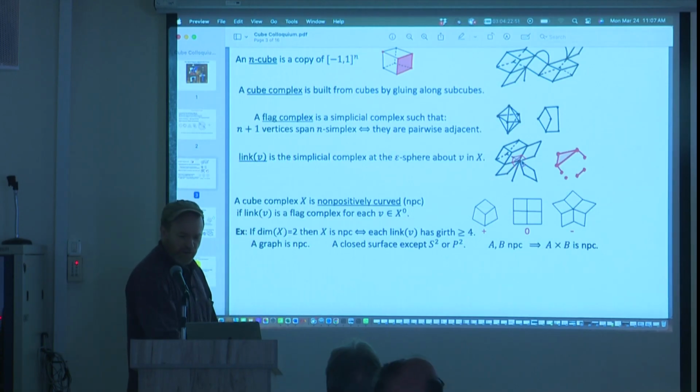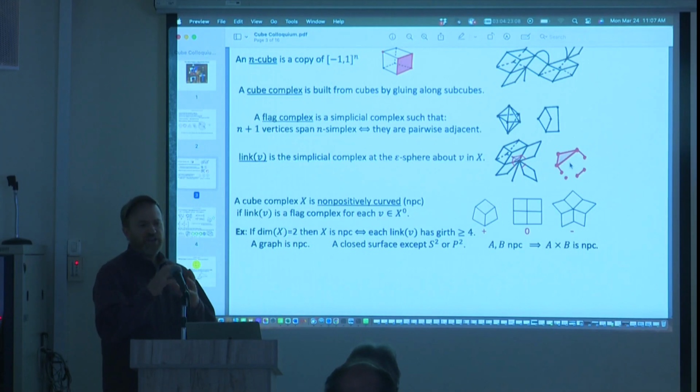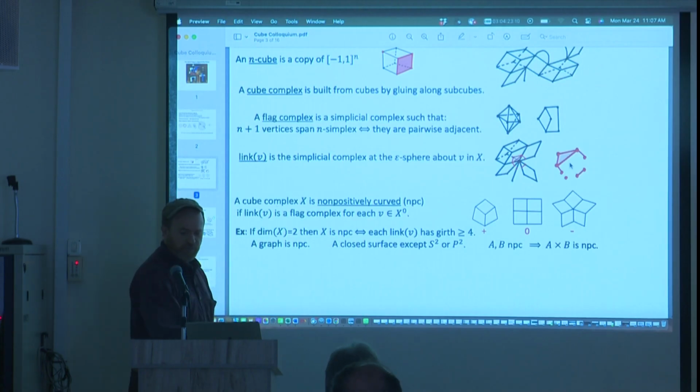So if you're at a 0 cube in this cube complex and you look outwards, then you see what's called the link of that 0 cube. And you can also think of it, instead of visually, you could pretend that there was a metric, and this red simplicial complex that you're seeing, you can also think of it as a kind of epsilon sphere around this 0 cube. Okay? That's kind of natural, I think, for everybody here.